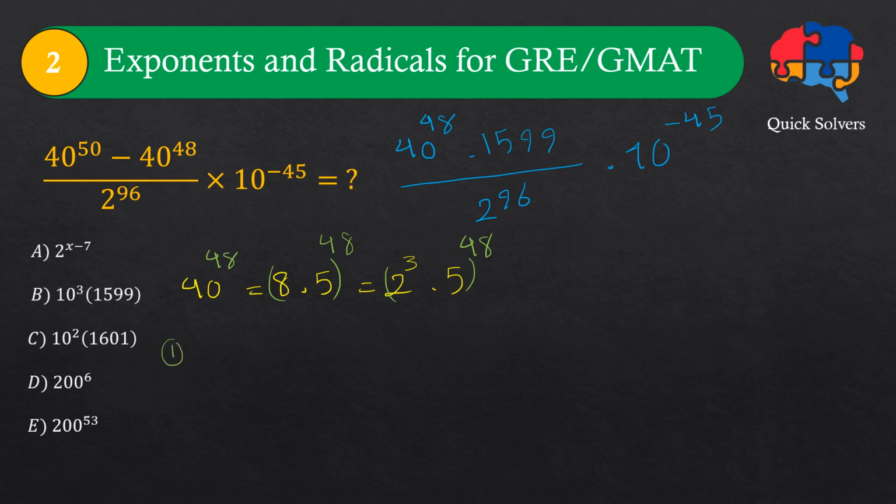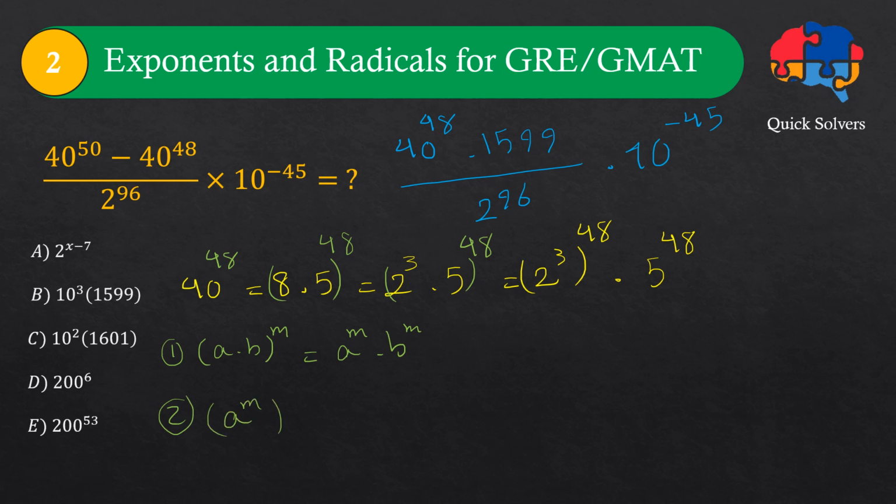The first rule says that if we have a times b to the power of m, we can rewrite this as a to the power of m times b to the power of m. So if I apply this rule, then this equals 2 to the power of 3 to the power of 48 times 5 to the power of 48. And the second rule says that when we have a to the power of m to the power of n, this equals a to the power of m times n.